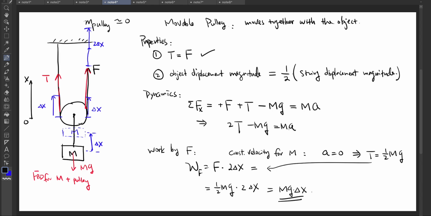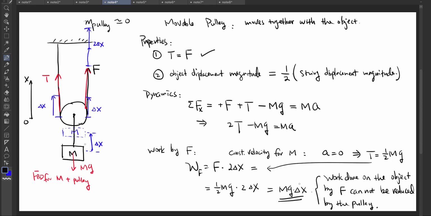Okay, so it means that the work cannot be changed by the pulley device. Okay, so the work done on the object by pulling force F cannot be reduced or cannot be changed by the pulley device.